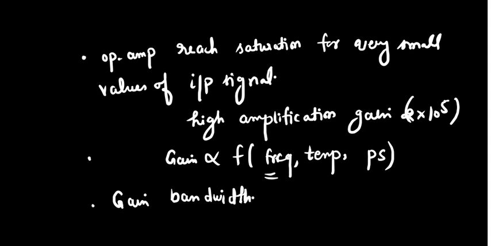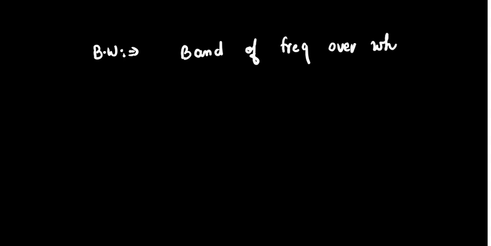If your amplification is too high, the bandwidth over which... first of all, let us see what bandwidth is in the context of op-amp. Bandwidth is the band of frequency over which gain is constant.